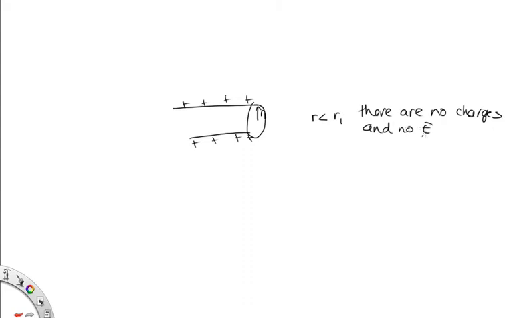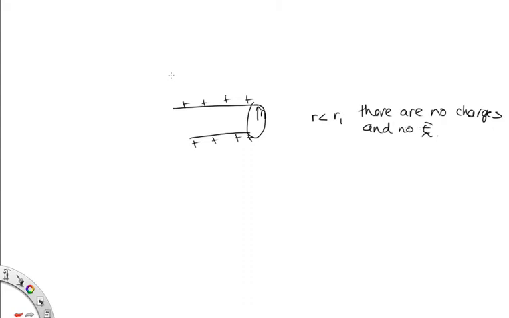Imagine we had a wire here with radius R1. If this wire has a charge density lambda, then we know all the charges are distributed along the outside of that wire. So inside, when R is less than R1, there are no charges and no electric field.